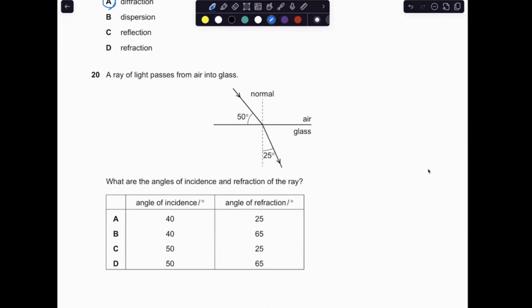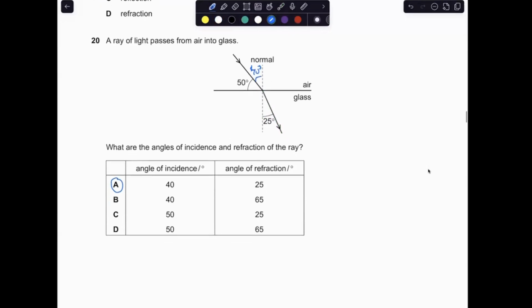The angle is always between the incident ray and the normal, and that's going to be 40 degrees. And the angle between the refracted ray and the normal is 25. So yeah, A is correct. And whenever you have questions on rays or light where you're dealing with angles, make sure you're always looking at the normal, because the angles that we use are with the normal, not with the boundary.